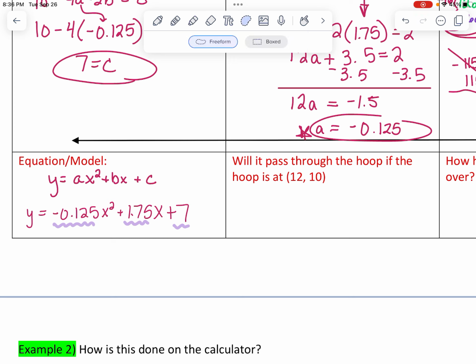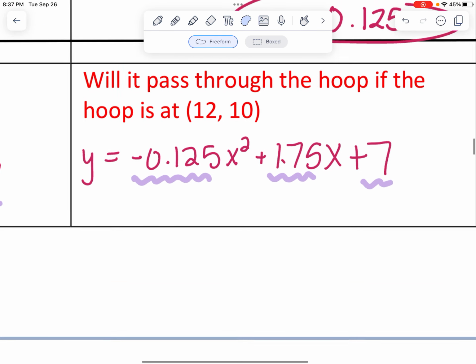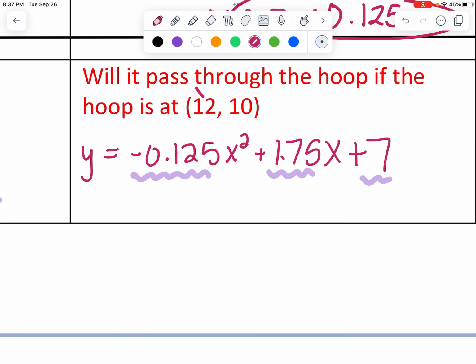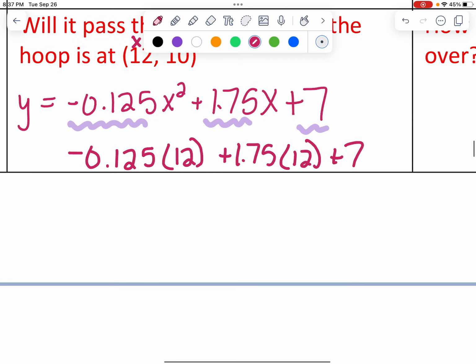Now we're going to use this model right here, and we're going to see if it goes through 12, 10. So that means that every x needs to become a 12. Let's do that. Let's make every x into a 12. And I'm going to grab my calculator.